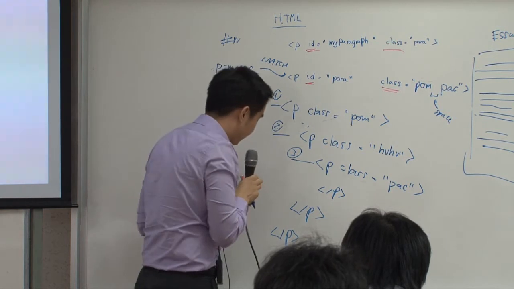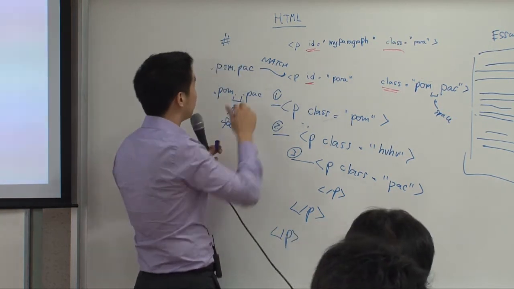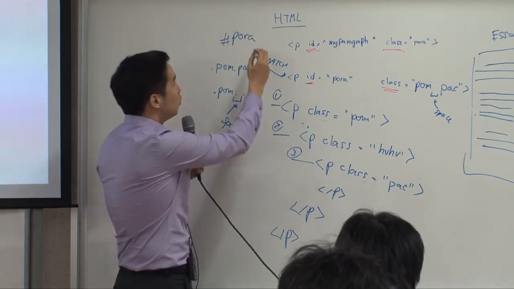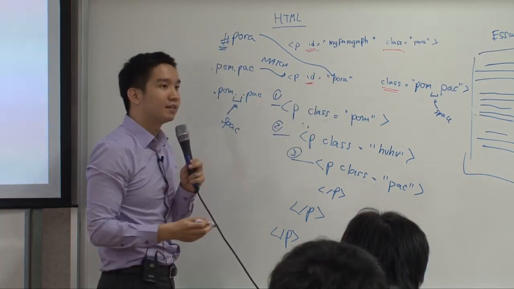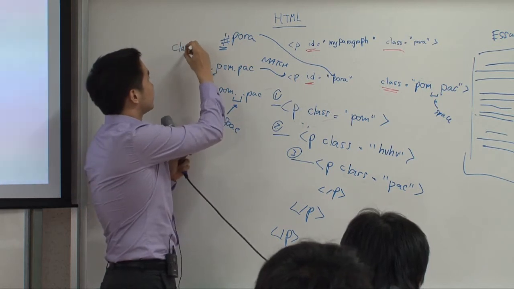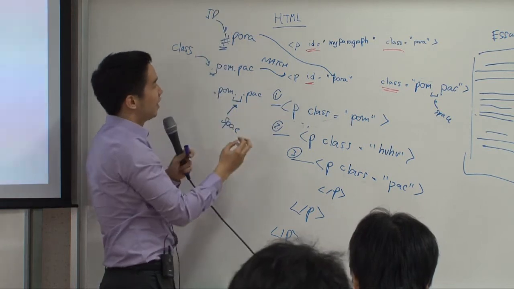Pora. Let's say, for example, Pora. I don't know what that means, but a hash Pora would match this ID because dot is used for class. Hash is used for ID.